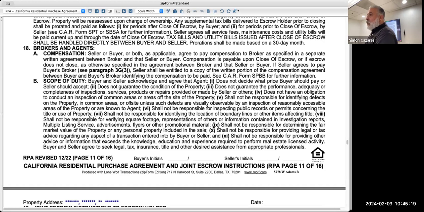Now it's your discretion what that looks like, because all commissions are negotiable. You can put whatever you want. You can also say that the buyer is not responsible to pay you a commission, and put a 0 on there as well.